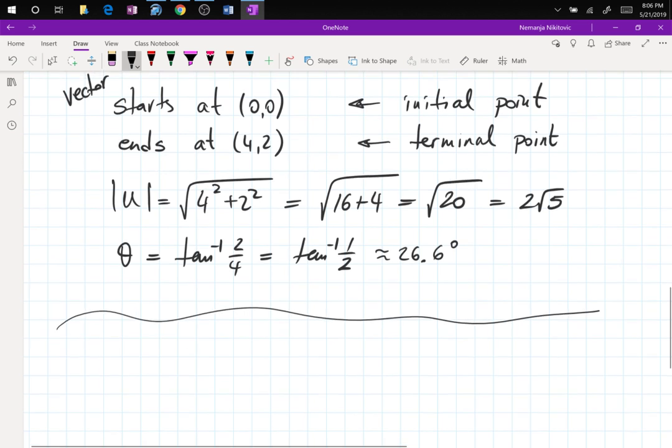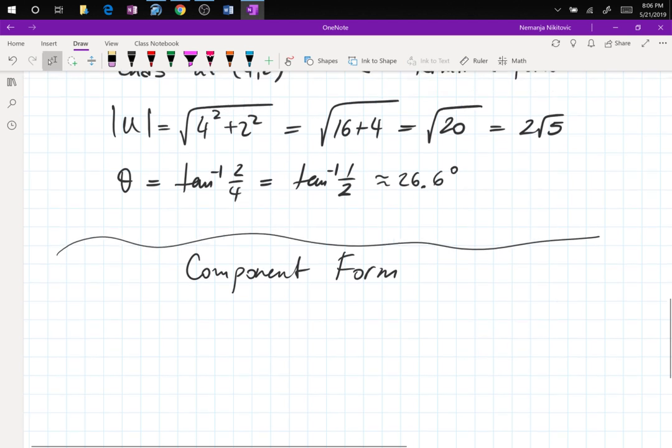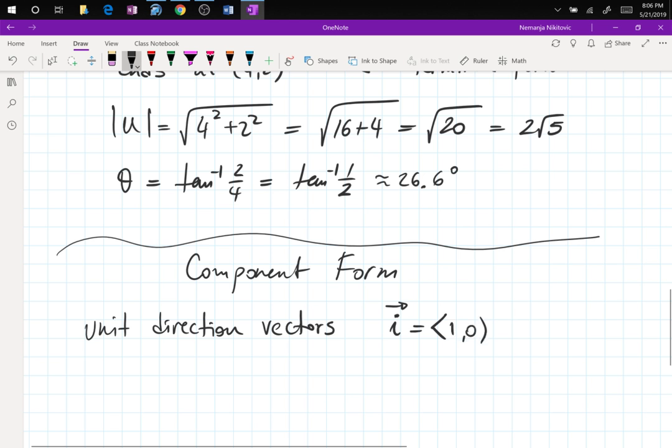Now, component form. We have unit direction vectors i, which is 1, 0, and j, which is 0, 1.